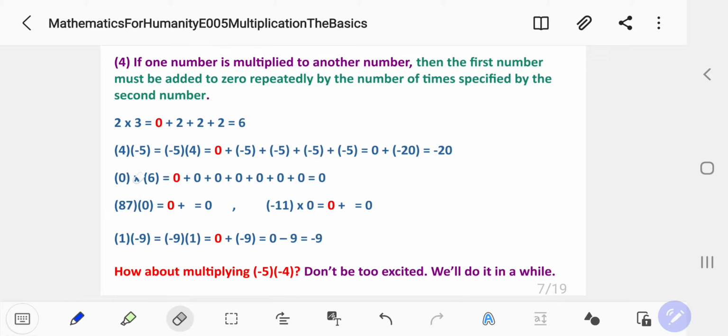So in this example, you have 2 times 3, that is equal to 0 plus 2 plus 2 plus 2. You can forget about the 0 because that's nothing. So 2 plus 2 plus 2 is equal to 6.